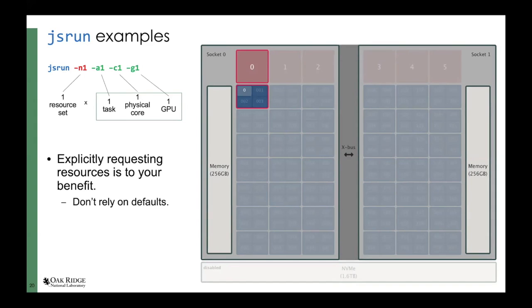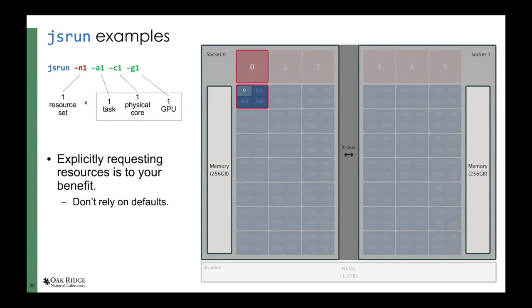So what you can do is instead of just -n1, you can then describe what that resource set looks like. So we specify -a, which is the number of tasks. So we say in this resource set, we want it to start one task.